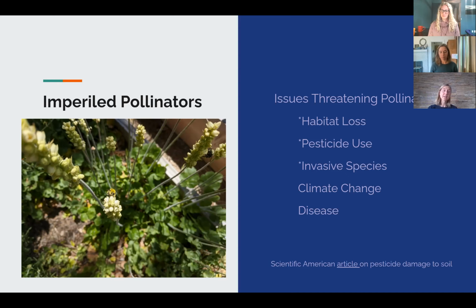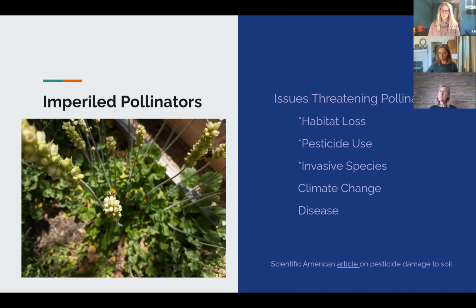And I put asterisks next to these top 3 issues threatening pollinators because these are all things that we can actually control in our own gardens, in our school gardens, in our home habitats. So I don't feel like they should be quite so overwhelming. These are things that you can do things about with your gardening practices.